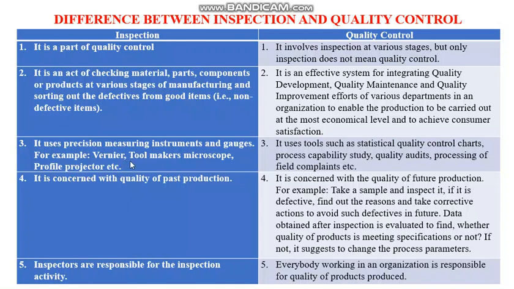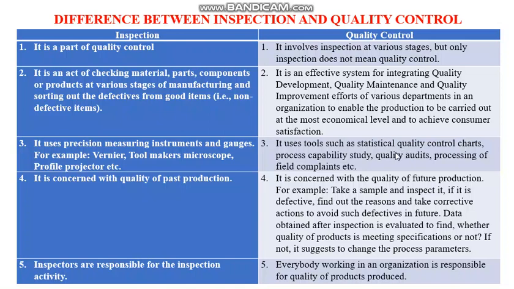If you talk about the instruments that you use, in case of inspection, you use the measuring instruments, precision measuring instruments and gauges. For example, vernier caliper, micrometer, tool maker's microscope, profile projector, etc. Whereas the tools that we are going to use for quality control are like statistical quality control charts, SQC, we say, statistical quality control.